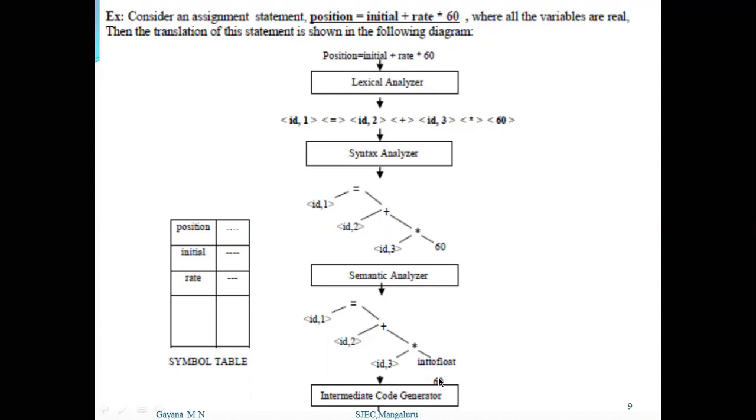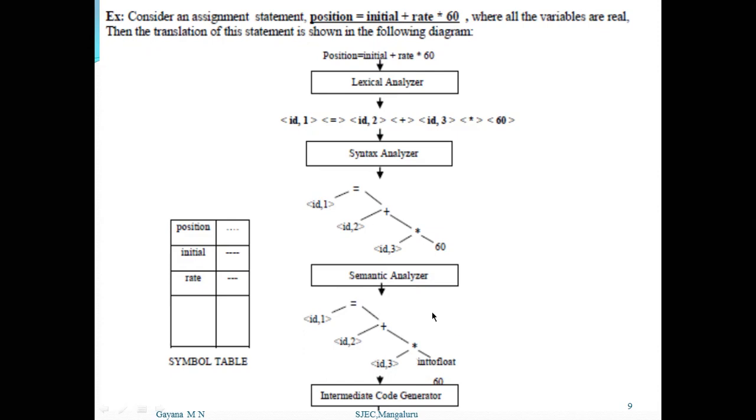Its right operand is 60, which is a numerical value. Similarly, for the operation plus, the left operand is ID2, which is the variable initial, and its right operand is the answer obtained after rate into 60. So this is how it goes.